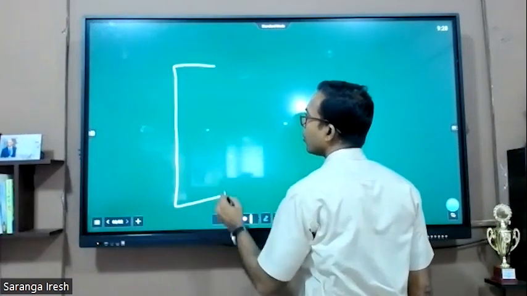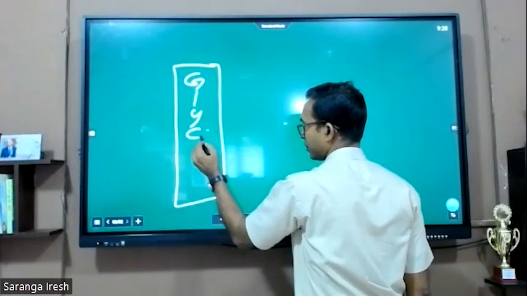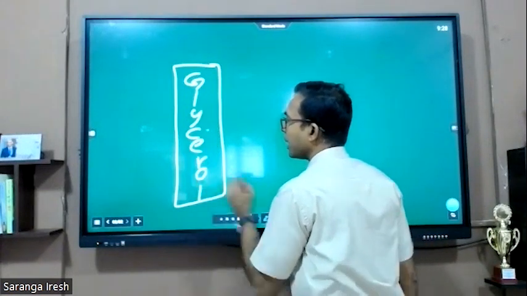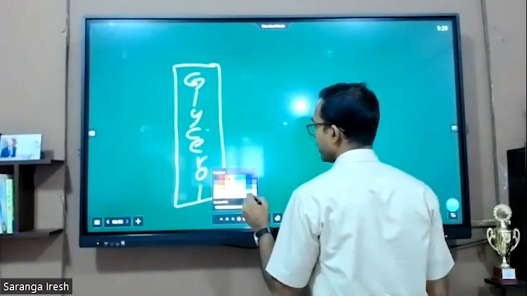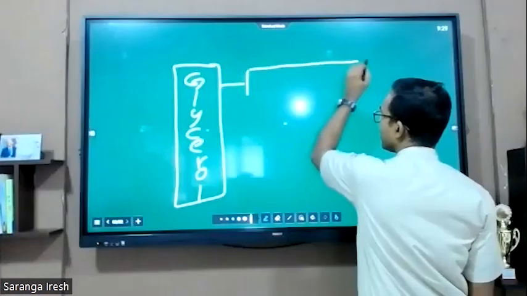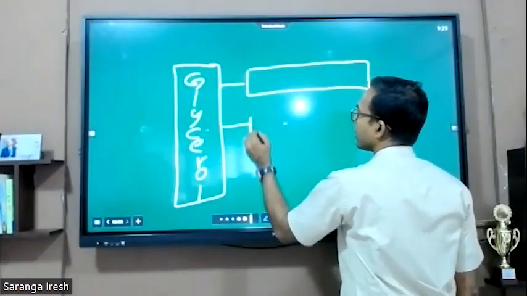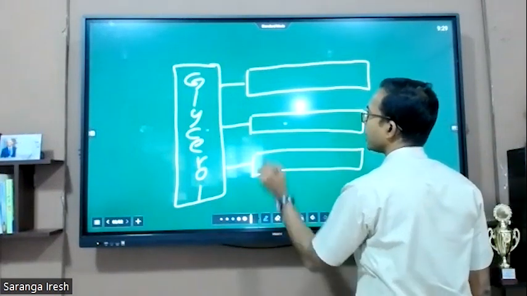So then in one triglyceride molecule, there is a glycerol molecule. That's one glycerol molecule. It is connected to three fatty acids. Glycerol is connected to three fatty acids.